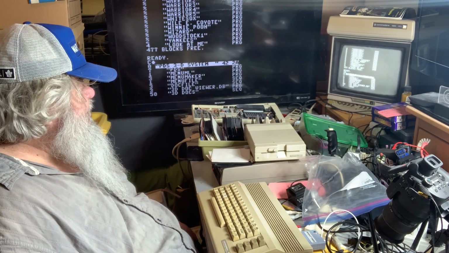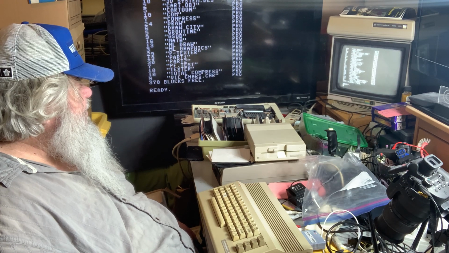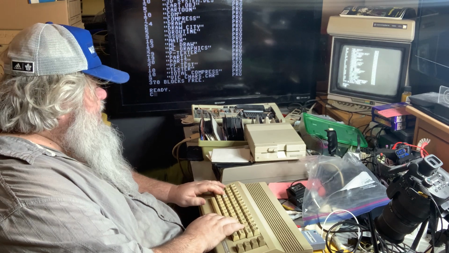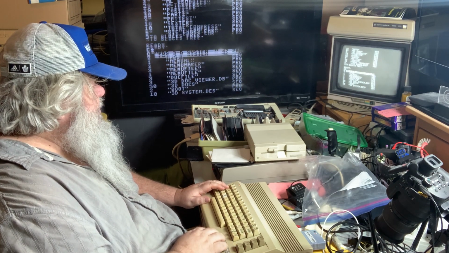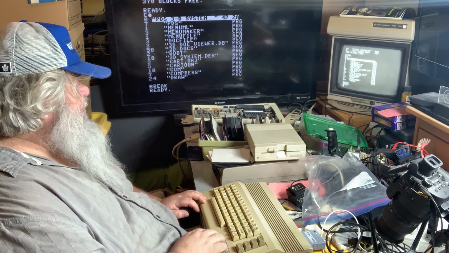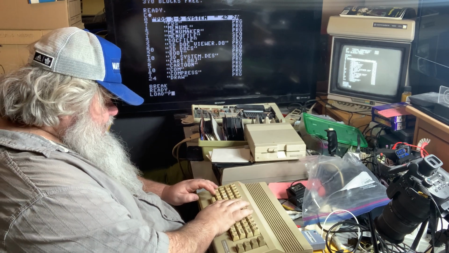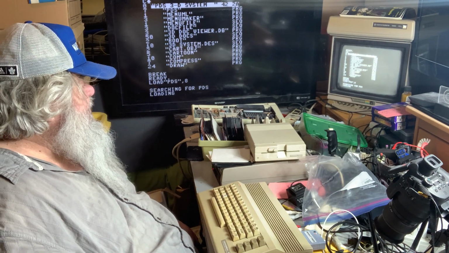Let's look at this one. 3D synth. Let's look at that again. 3D doc viewers. Well, this looks interesting.